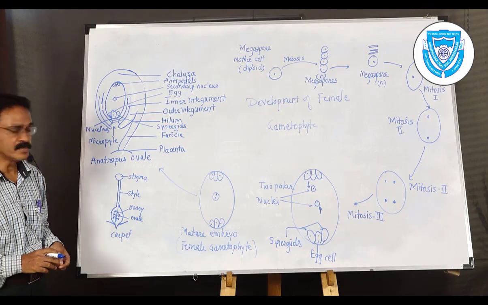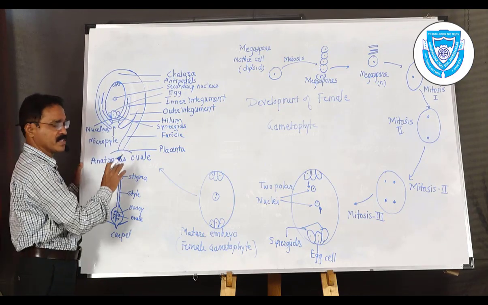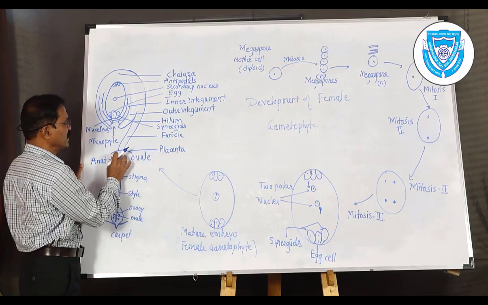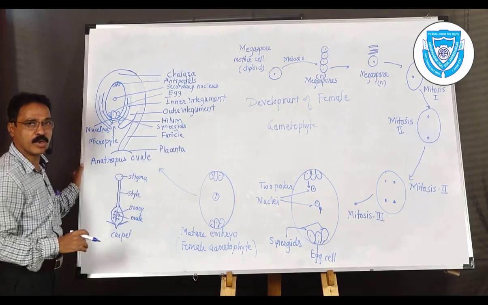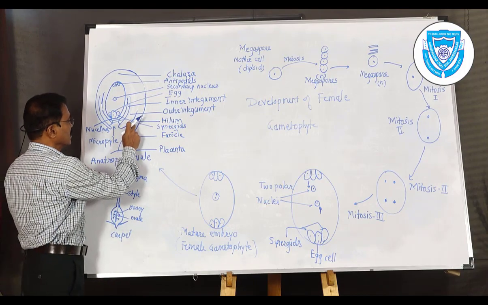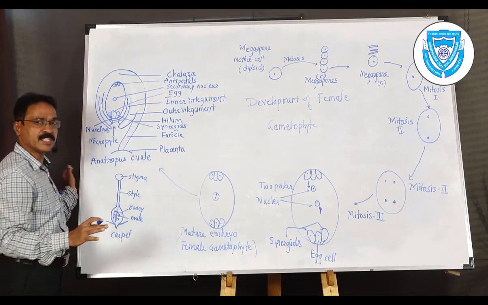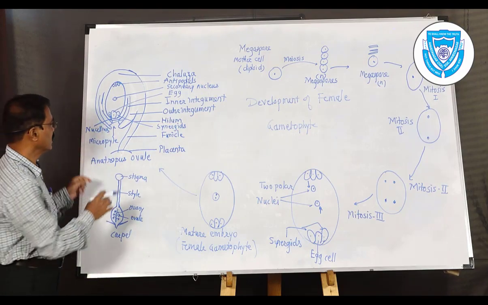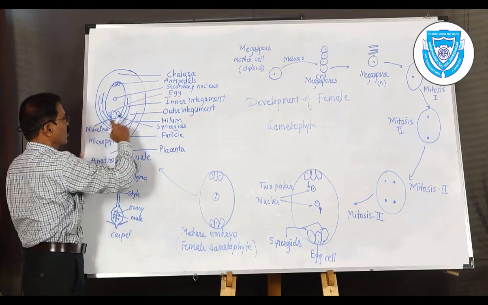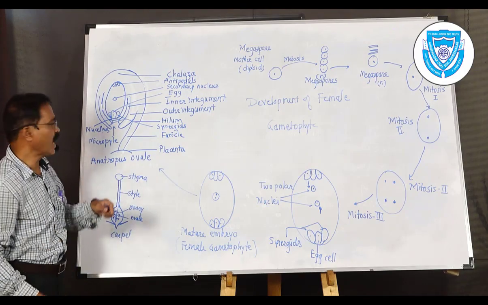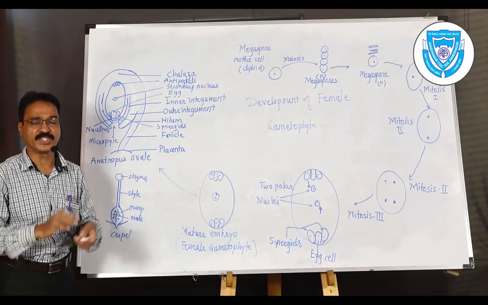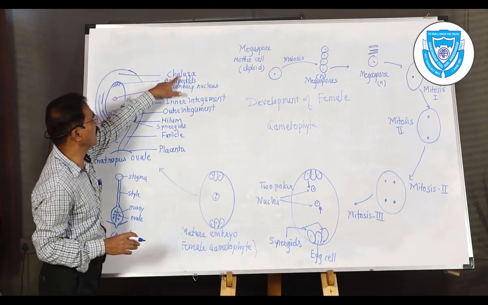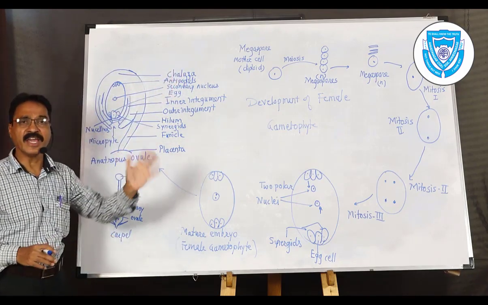Okay. Now let us discuss all the parts. As I said before, this is the placenta, the attachment of the ovule. Then the funicle is the stalk of the ovule. Next is the hilum, the point of attachment of the ovule body with the stalk. Then you can see this is an oval-like structure, and it consists of two ends. The upper end is called the chalaza, so it is the chalazal end.